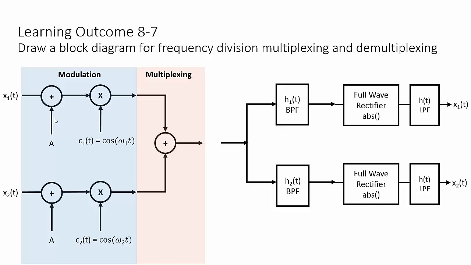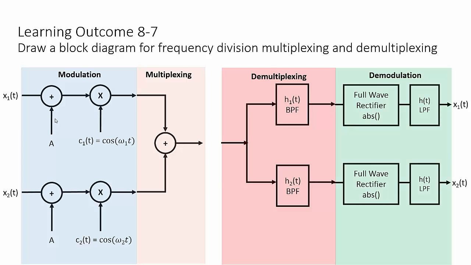We transmit, we receive, we demultiplex by choosing our radio channel. Then we do demodulation by passing our signal through a full wave rectifier and then a low pass filter. What type of demodulation is this? This is asynchronous demodulation. That's why we had to have the addition of a constant at the beginning.